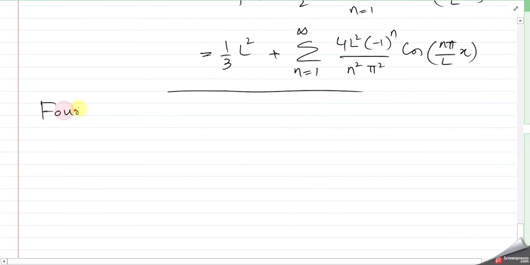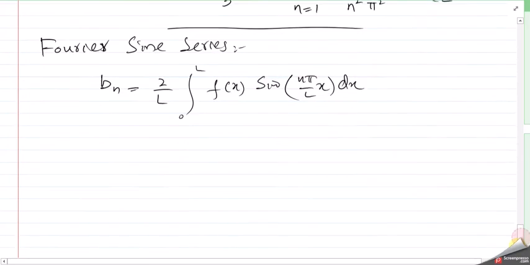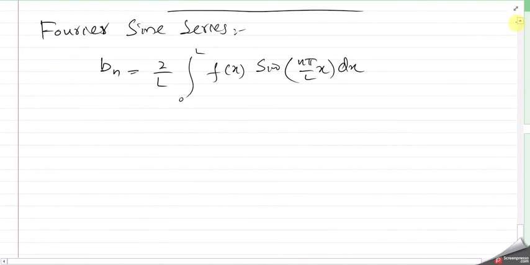For Fourier sine series, we will only calculate Bn, which is 2 by L, integral 0 to L, f of x sine n pi by Lx dx. For Fourier sine series, a naught and an are 0.